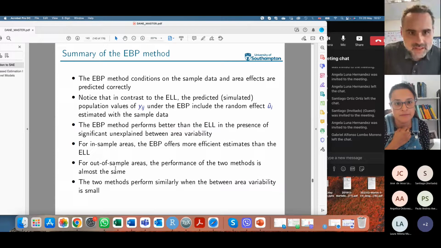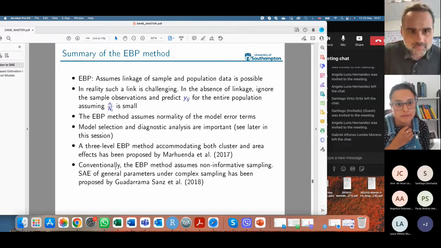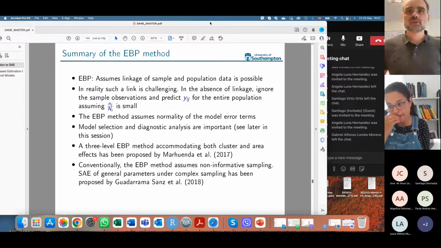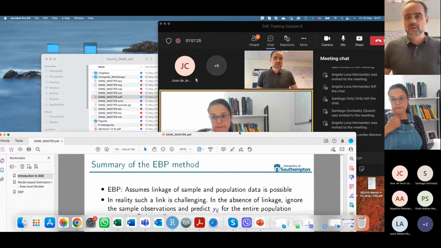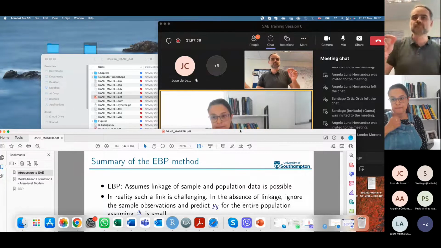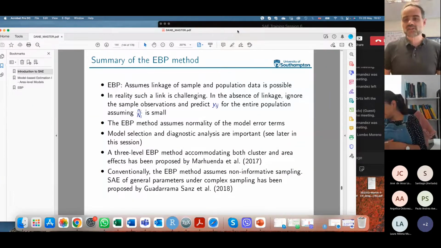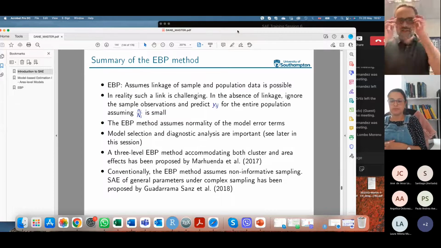Let me see where I have that. Here. So Angela is right, because to condition on Y_S you assume that you can link the census to the survey. However, in reality, such a link will not be easy. If there is no linkage between the survey and the census, you ignore the sample observations and predict for the entire population.